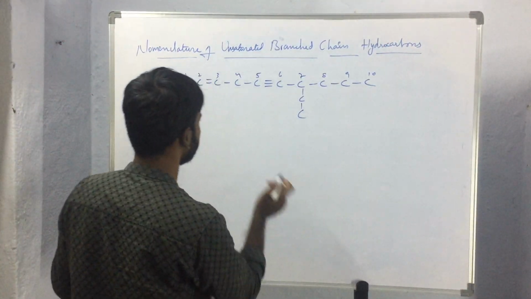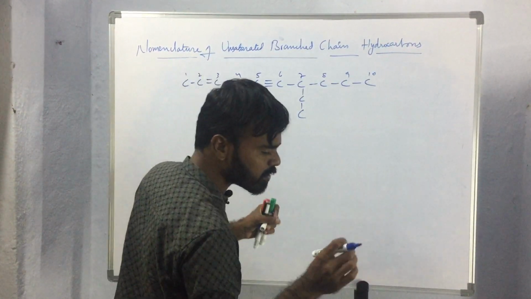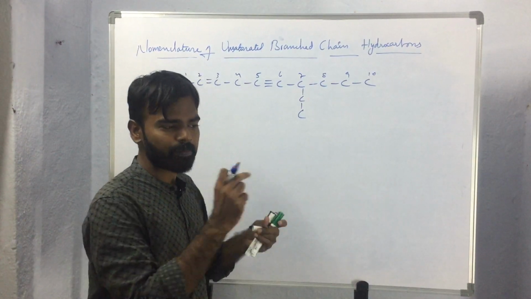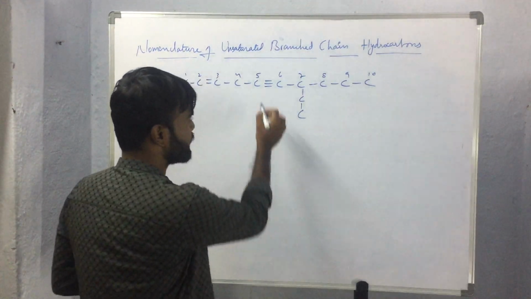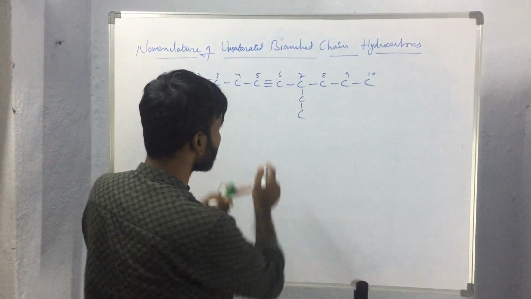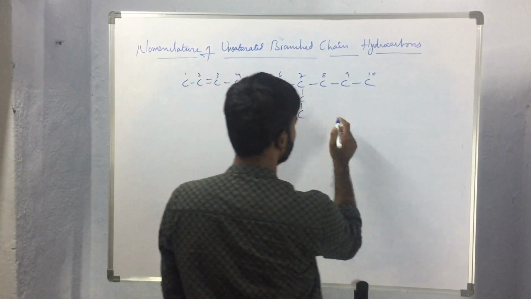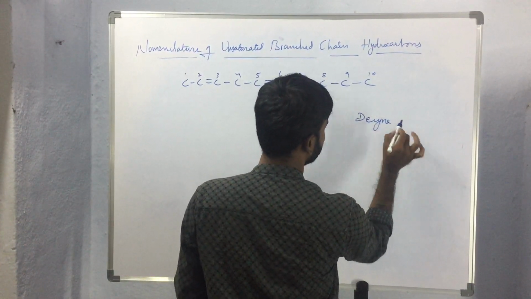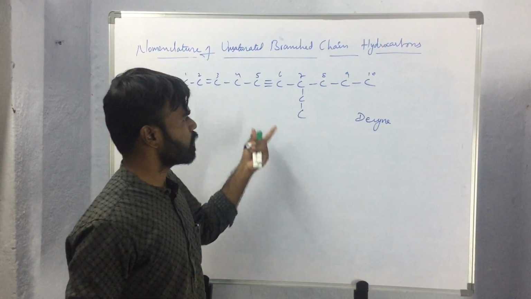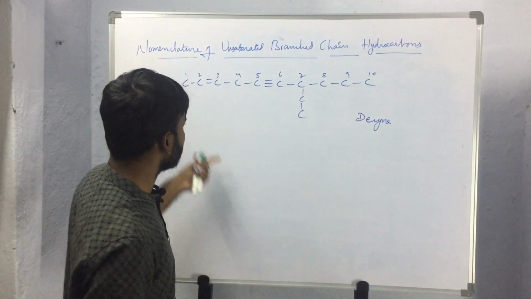So the first priority will be given to the most stable unsaturation, and the nature of the parent chain will be the highest unsaturation. So the parent chain will be decyne.